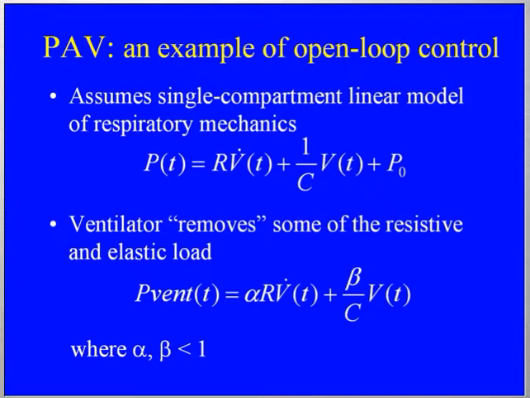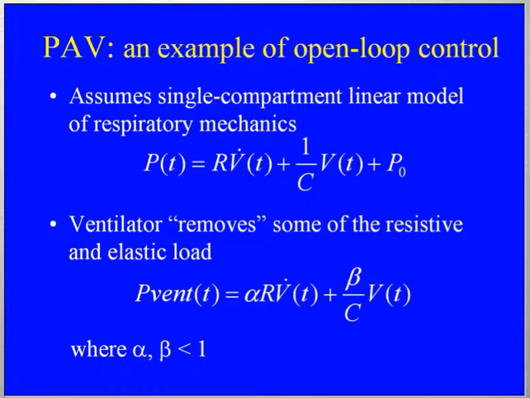And the way proportional assist control works is if this equation here represents what's going on in the patient's respiratory system, where the pressure required to inflate the lungs is the resistance of the lungs times the flow plus the volume going into the lungs divided by the compliance, possibly plus some offset pressure, then what the proportional assist ventilator seeks to do is take out some fraction of that equation and hand it over to the machine. So if the pressure applied by the ventilator is some constant times the flow plus another constant times the volume, and I've written these constants as alpha times R and beta divided by C, where alpha and beta have got to be less than 1.